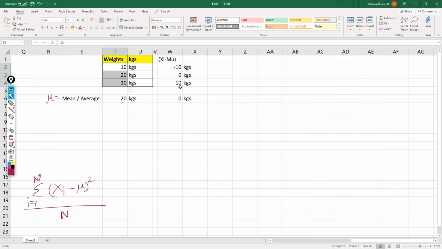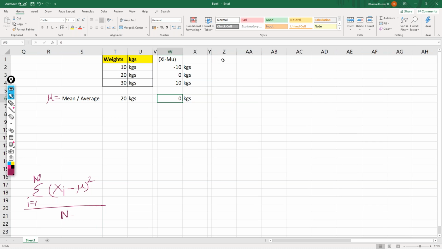Weights are varying. And here, how can you say it is 0? Hence, a few of the bright minds in statistics thought, let us square it.